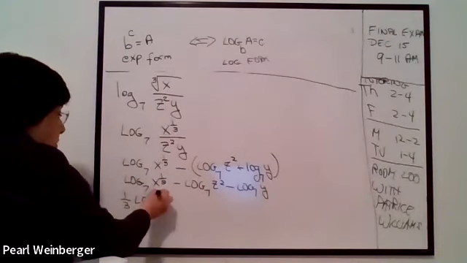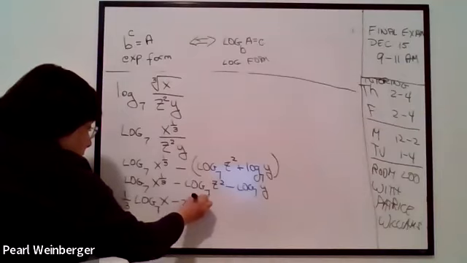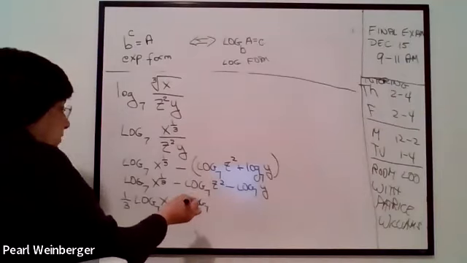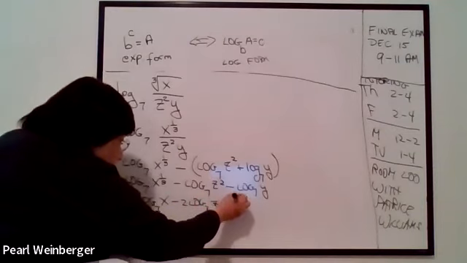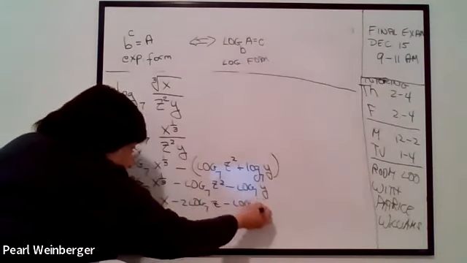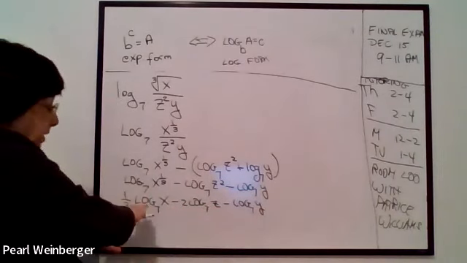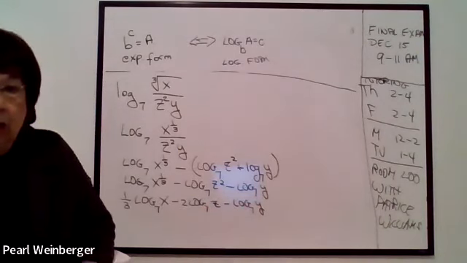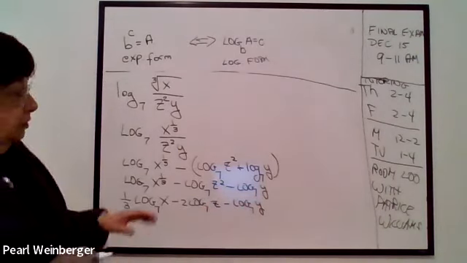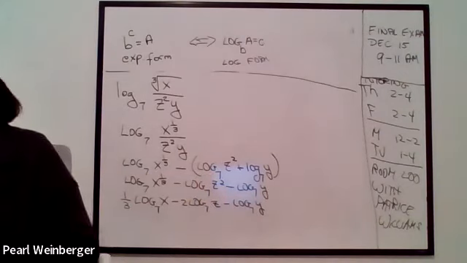So it's 1/3 log x minus 2 log base 7 z minus log base 7 y. Just keep whatever base, it doesn't matter what the base is, but keep it the same throughout. You can't switch bases in the middle. And this would be your expression in its expanded form.